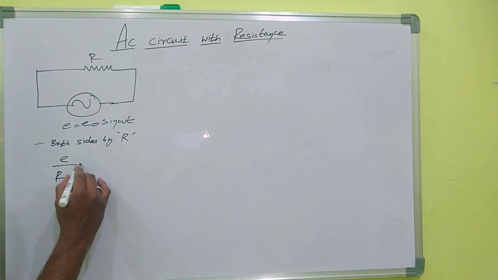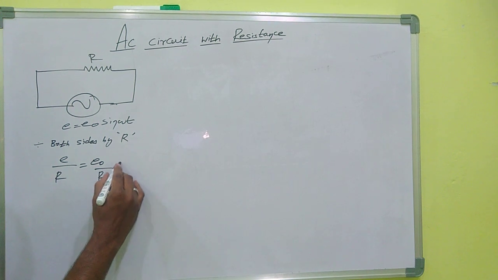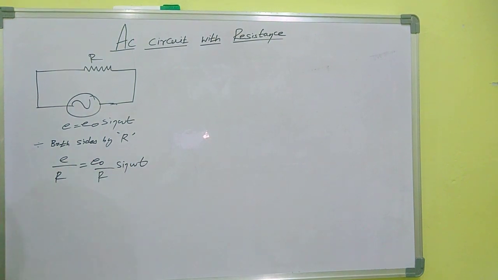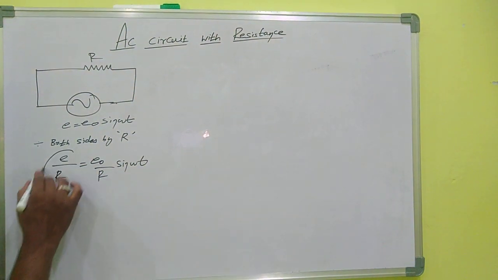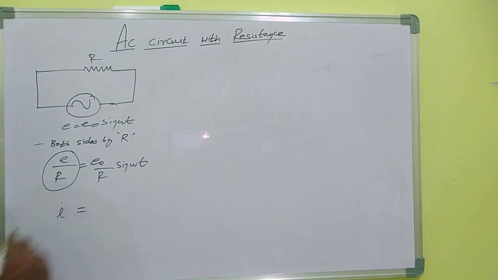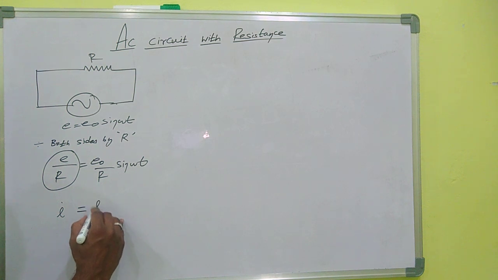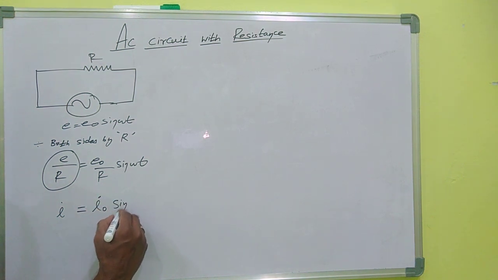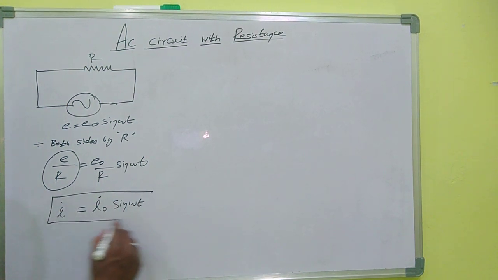So E by R is equal to E naught by R sin omega t. E by R is known as current I, and E naught by R is the peak value of current, I naught. So I equal to I naught sin omega t.